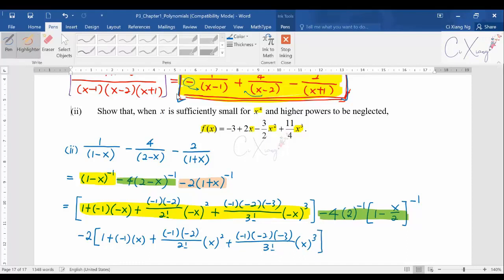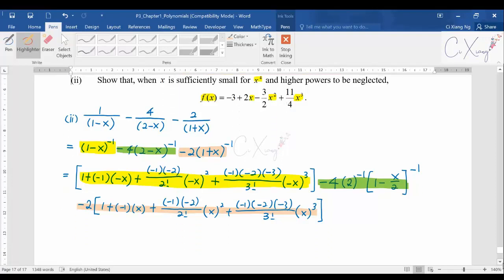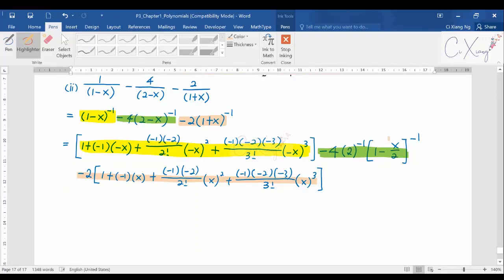I'll stop at x power 3. So this is my third expansion. The yellow color and the pink color ones, you have already applied the formula for the binomial expansion. Now you need to expand the green color part, because for the green color part you only adjusted it, right? You haven't expanded it.